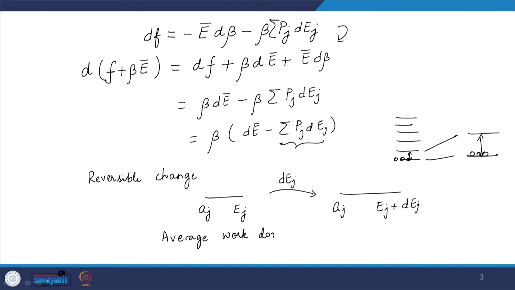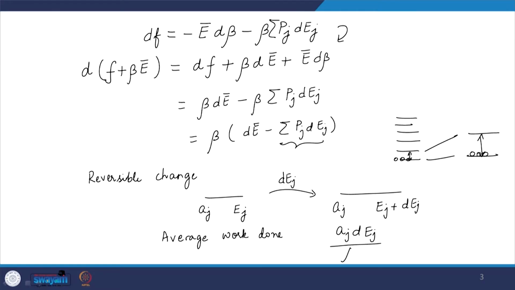So, if we go with this particular idea, then the average work done can be thought of as Aj multiplied with dEj. So, for all the Aj systems we are doing Aj multiplied with dEj work, and this has to be averaged over all the systems in the ensemble, and summed over all the possible energy levels.